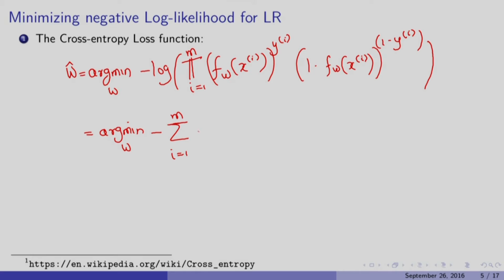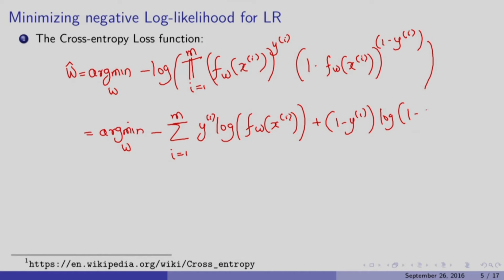So this can be basically simplified as y_i times log of f_w(x_i) plus 1 minus y_i times log of 1 minus f_w(x_i).